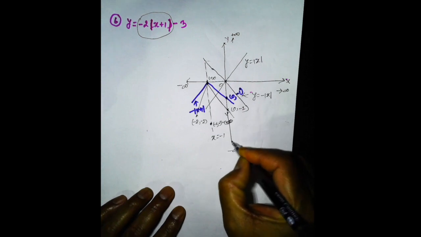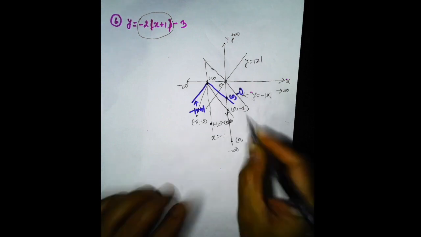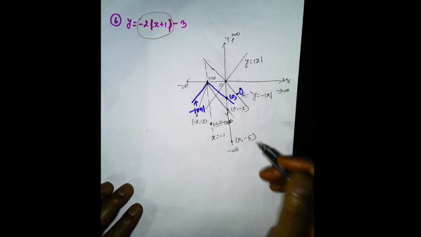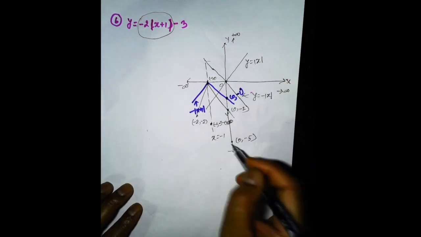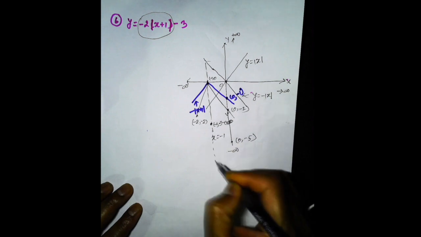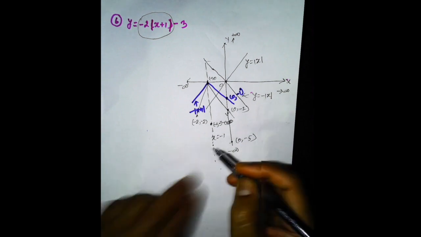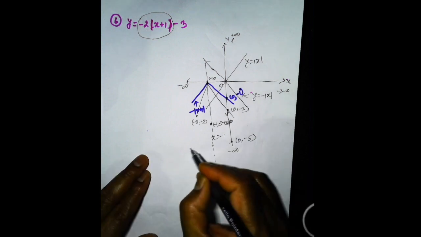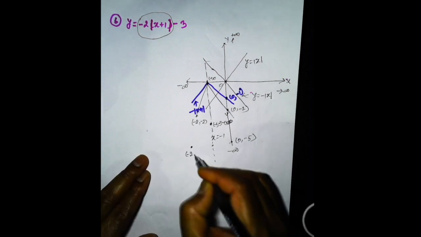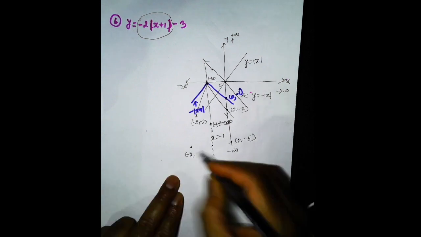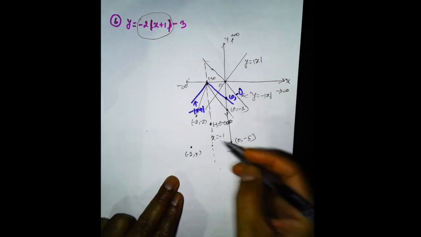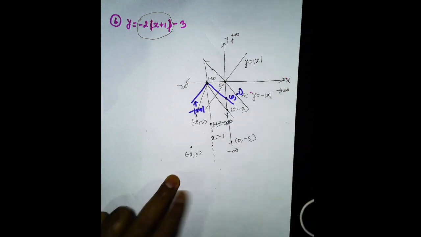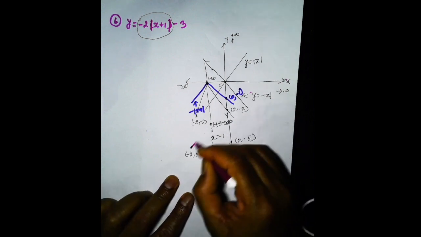Then it will be here, and -2 - 3 is -5, and you have to consider another point also. The distance from this line to the left of this line is -1, so another gap must be -2, but the y coordinate here is -5. So your vertex will be (-1, -3), so your final graph will be like this.